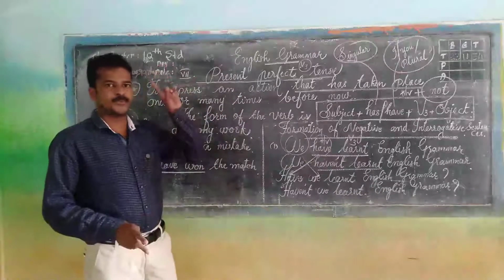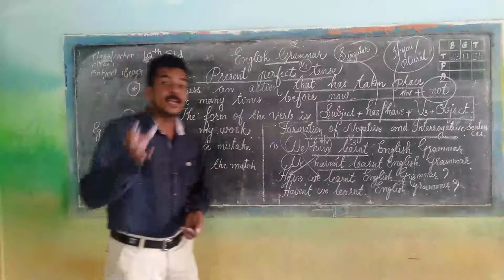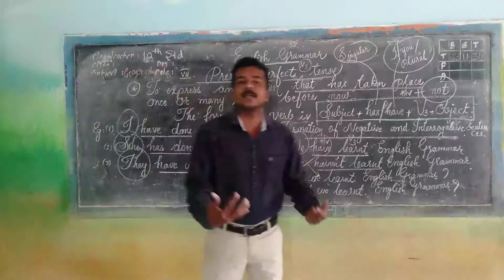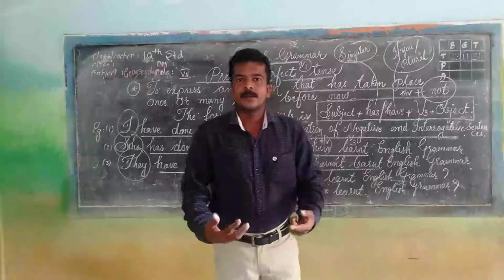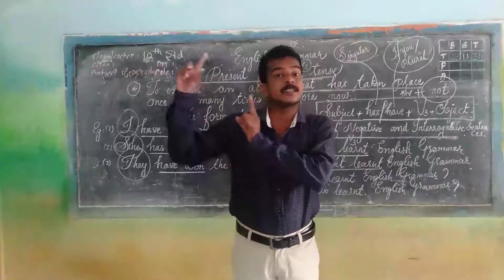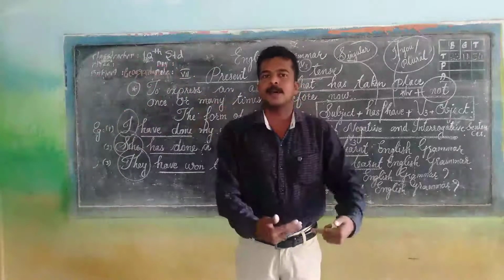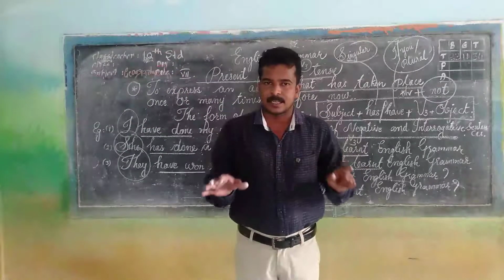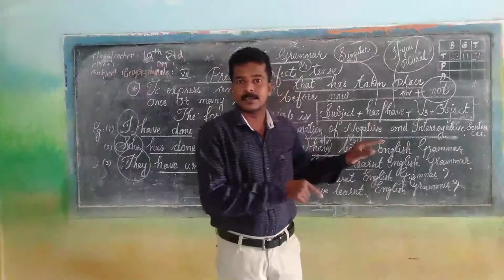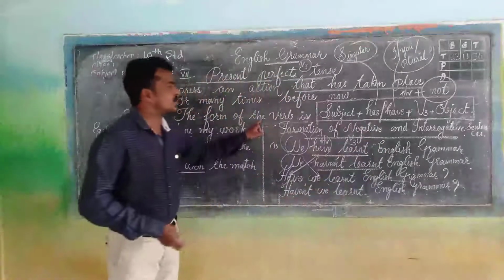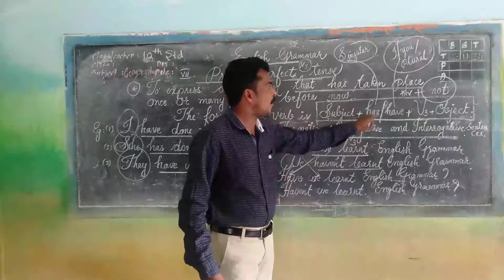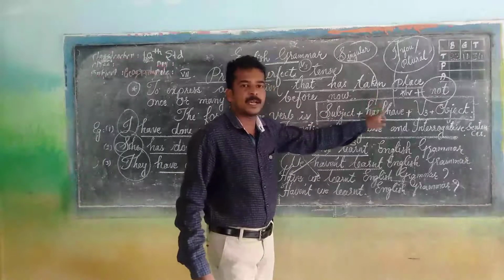Not now, before now. As I told you, in order to make you understand in an easy manner, we express the actions from the distant past to the near past. We use present perfect tense and there is no need to mention the time in this tense. Hope you understand. And the structure is subject followed by has or have plus V3 and finally the object.